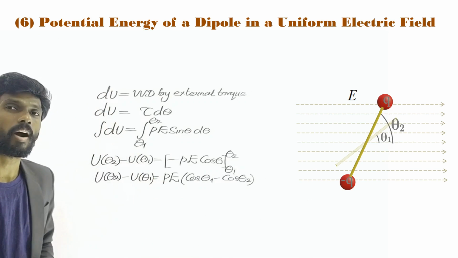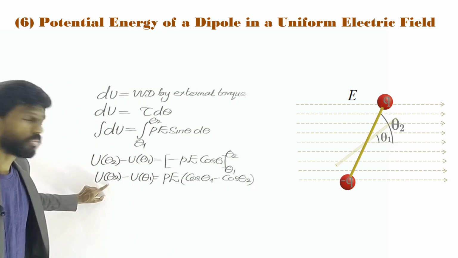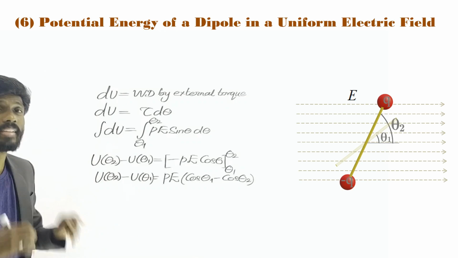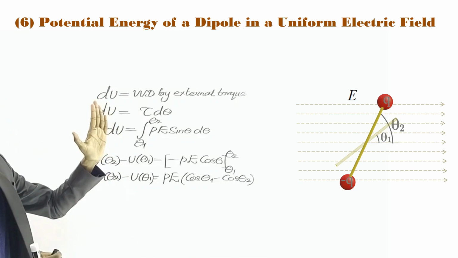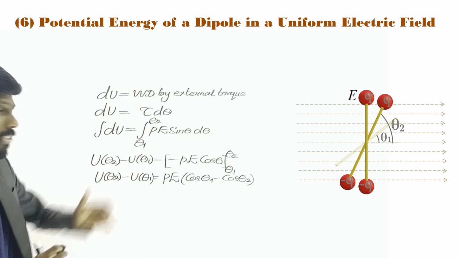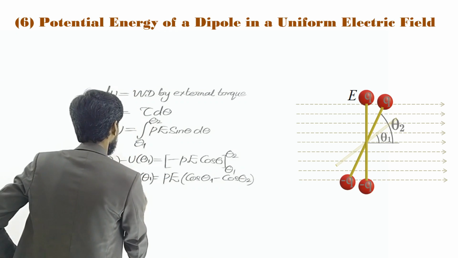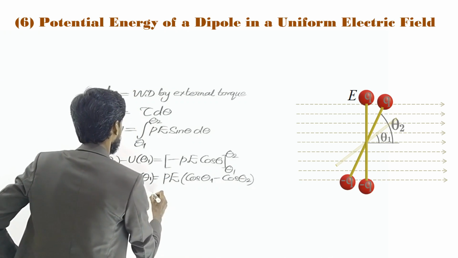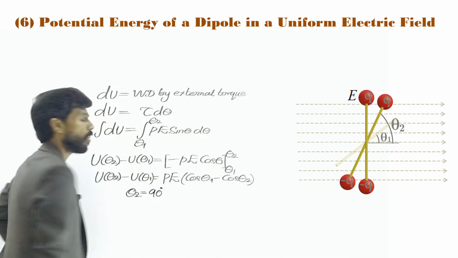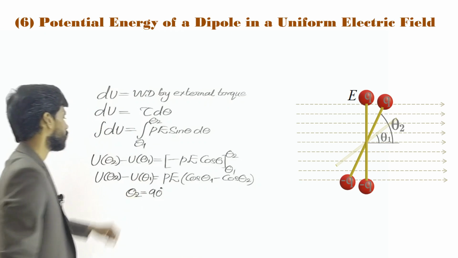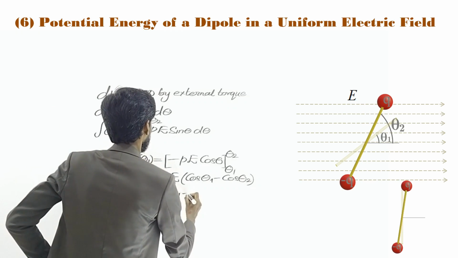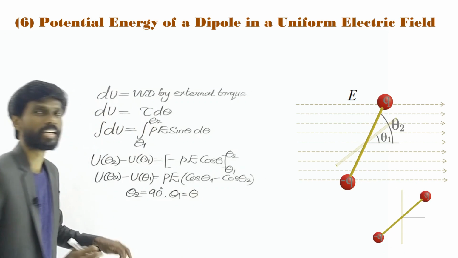Now take this angle theta 2 to be 90 degrees, so finally it is at 90 degrees. And take theta 1 to be simply theta.